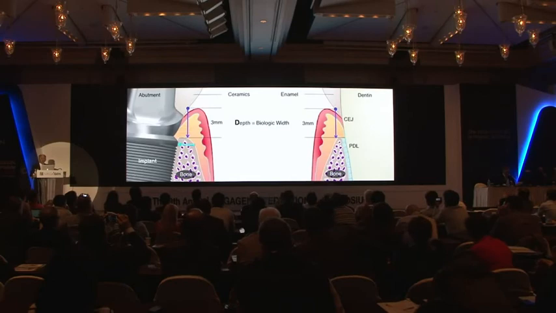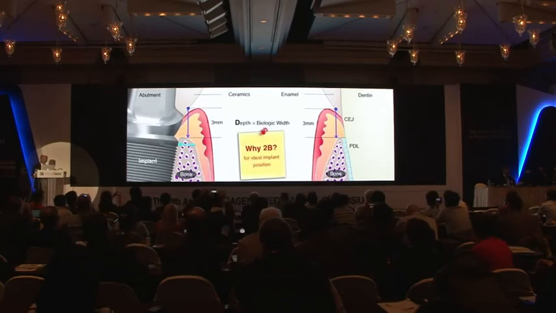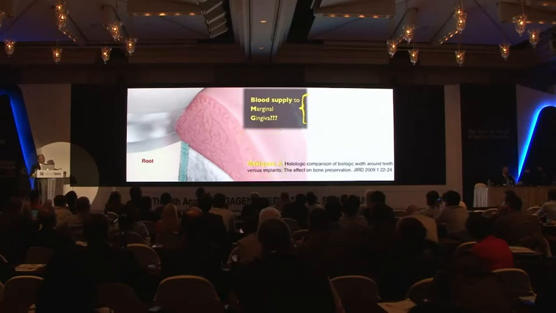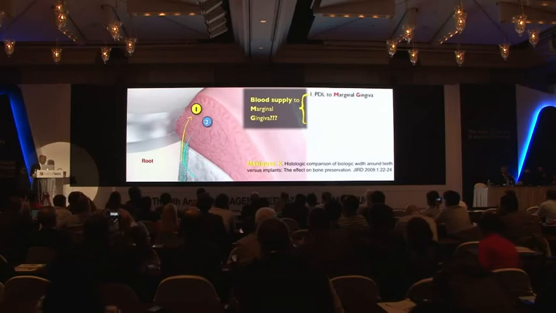But the next question will be, why do we need a 2 millimeter buccal bone thickness? The reason is, when we have a natural tooth, we have the PDL. And the blood supply to the marginal gingiva comes in 4 different ways. First, from the PDL, and second, from the alveolar bone to the PDL.